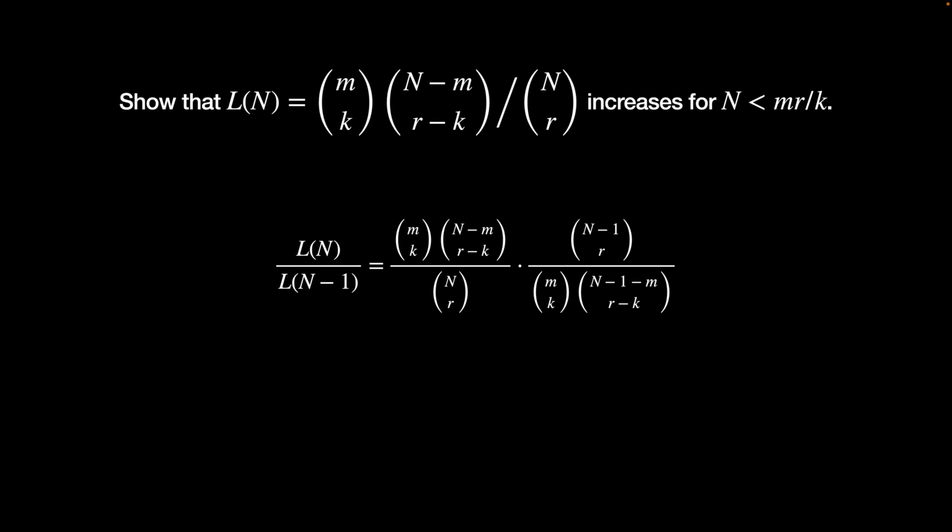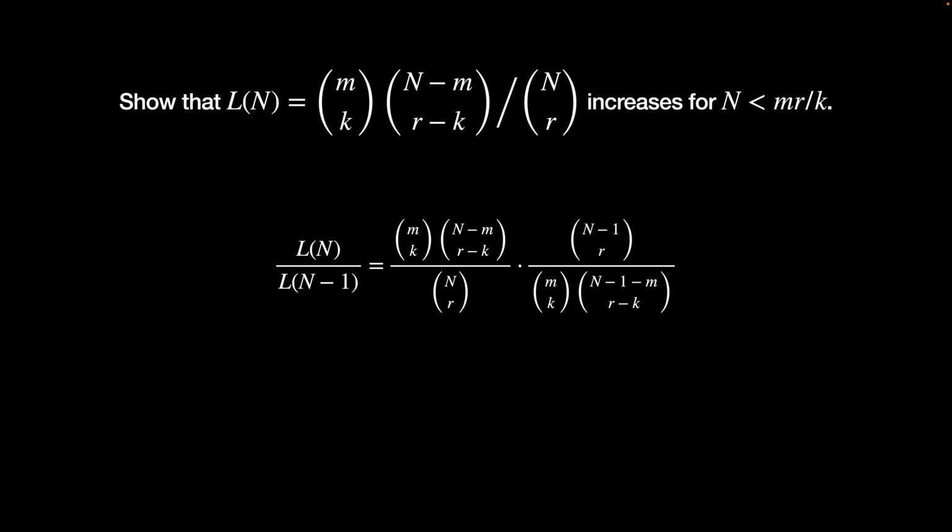So already you might see where I'm going with this. If this ratio is greater than 1, we know that L of n is increasing while n is less than that. If we can show that, obviously, we need to show that.